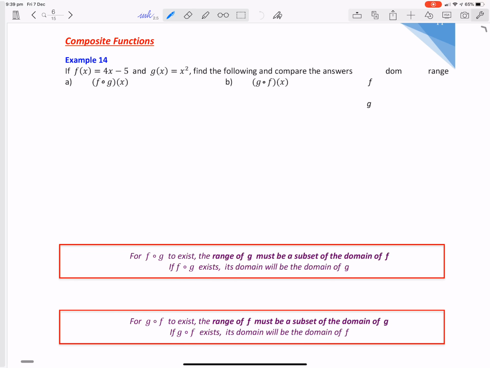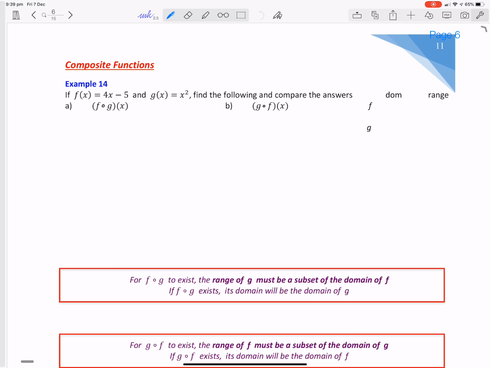So, composite functions. We've seen before you can have addition of two functions, f plus g of x, and their domain is where they intersect. And that's the same when we multiply two functions together.